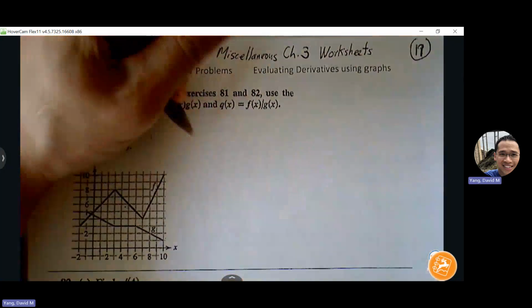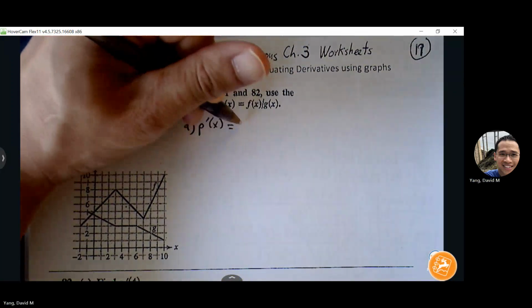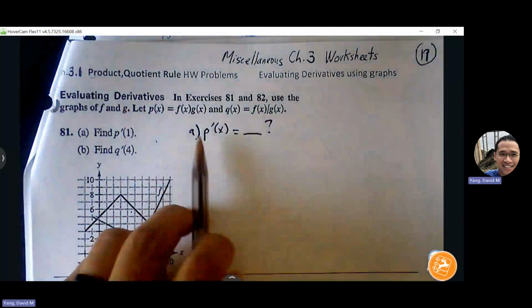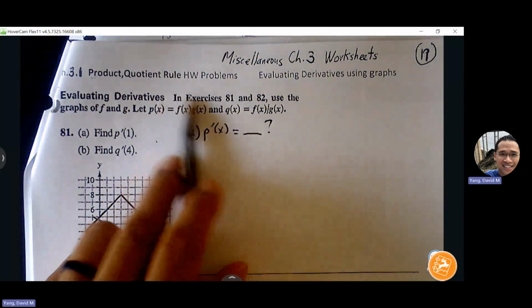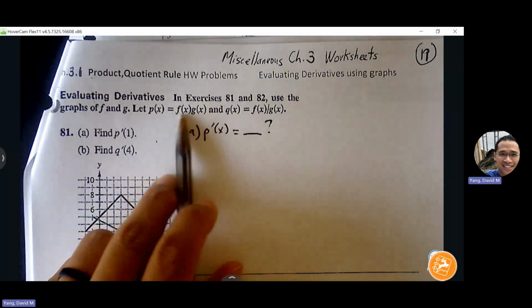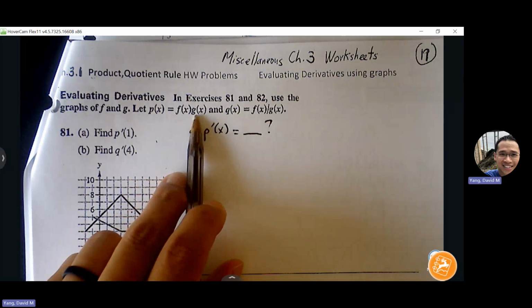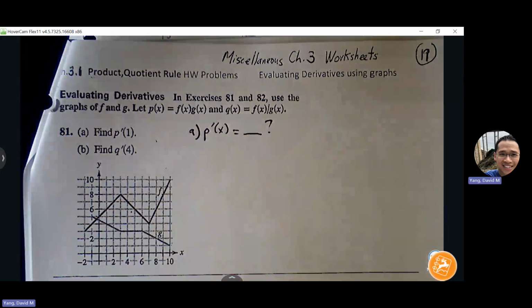Let's just worry about how I can find p prime of x. Look at how p of x is set up. Looking at this f times g, what rule do we have to go through? Product rule. So let's build a derivative using product rule.